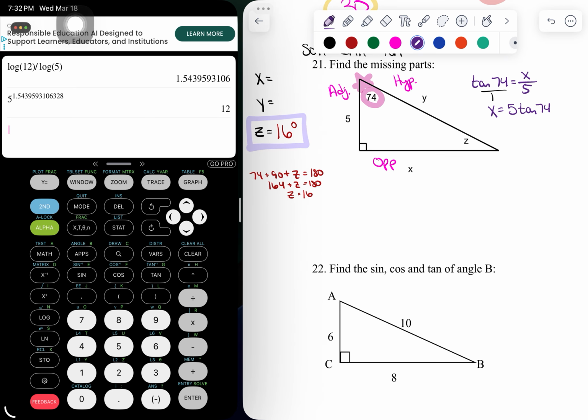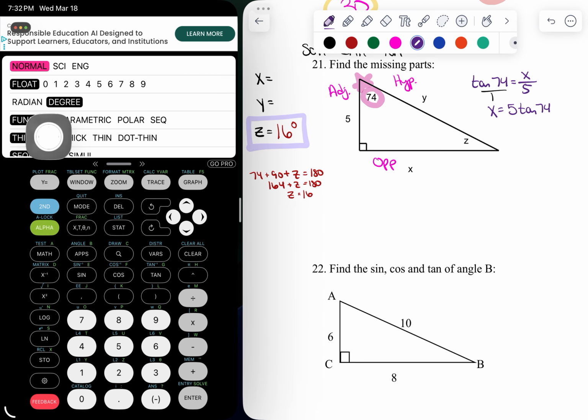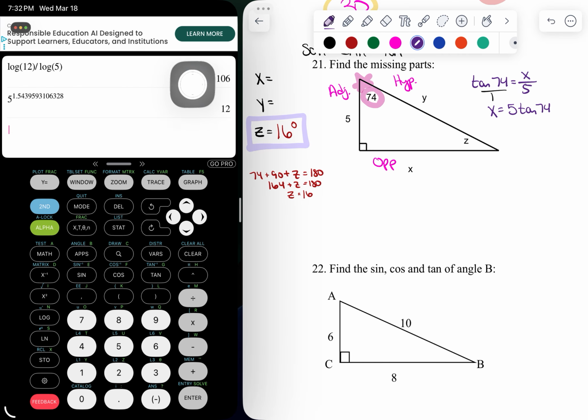The calculator that we're using, if you're using the big brick calculators, has a mode function here. Double check that you have degree mode, or if your calculator has little words across the top, right around here, it should say the word degree. If it doesn't, double check to put it in degree mode. So I'm in degree mode. We're going to do 5, and then tangent is right here, next to the little up arrow key.